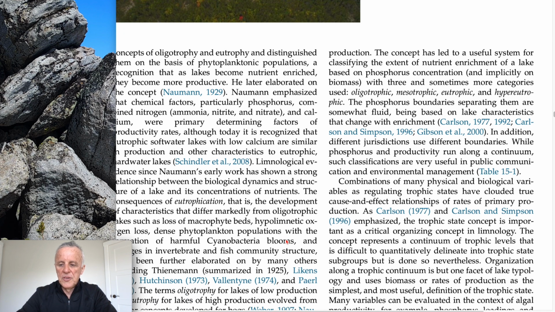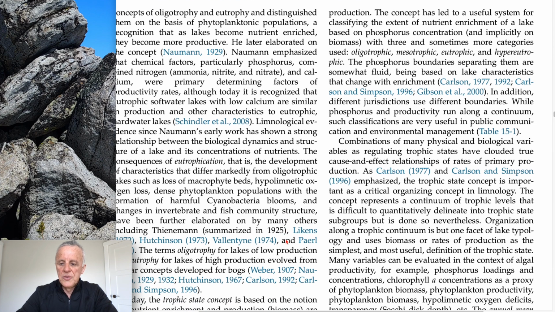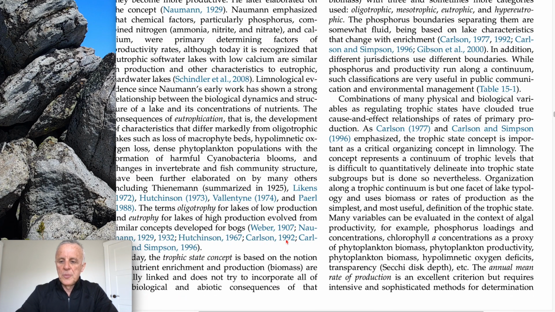The phosphorus boundaries separating them are somewhat fluid, being based on lake characteristics that change with enrichment. In addition, different jurisdictions use different boundaries. While phosphorus and productivity run along a continuum, such classifications are very useful in public communication and environmental management.